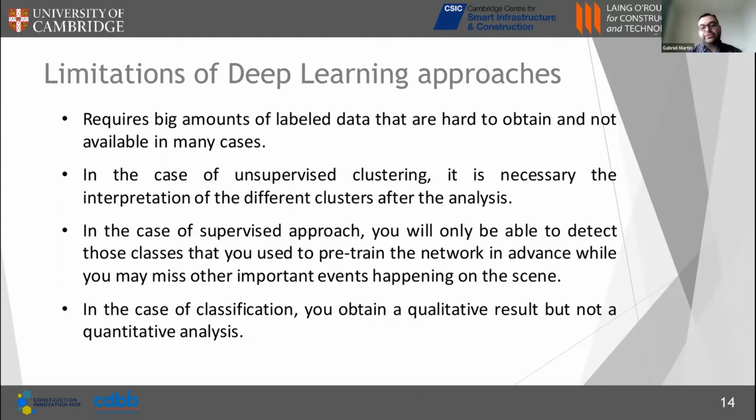And in the case of the supervised approach, you will only be able to detect those patterns that you have defined beforehand. So you may miss some other events that are going on that you haven't trained your network for detecting. And finally, the last limitation is that in the case of classification, what you obtain is just a qualitative result, but not a quantitative analysis.